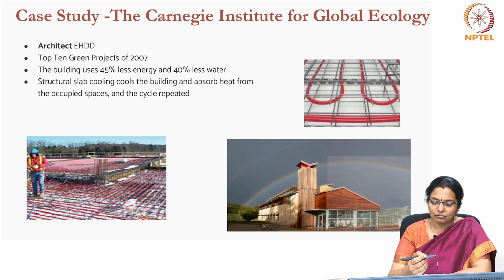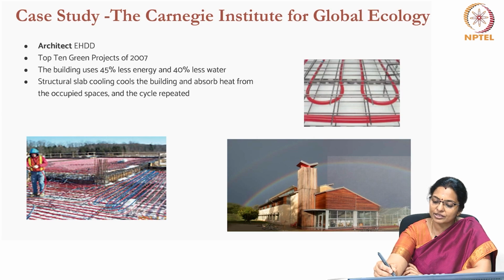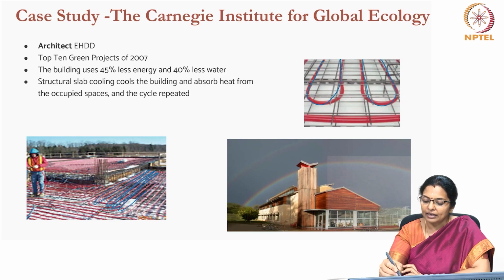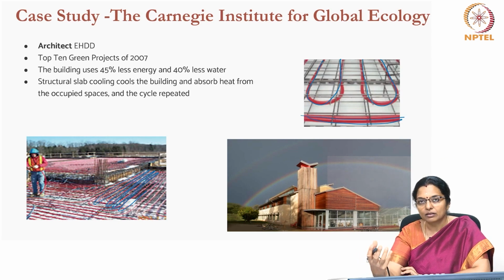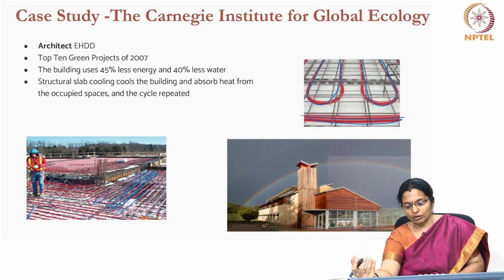So, you can see in their slab how these tubes are embedded. These tubes are embedded in the slab, and through this tube cool water passes and the slab is able to absorb the chillness of the cool water in the tube, which is then radiated to the room.